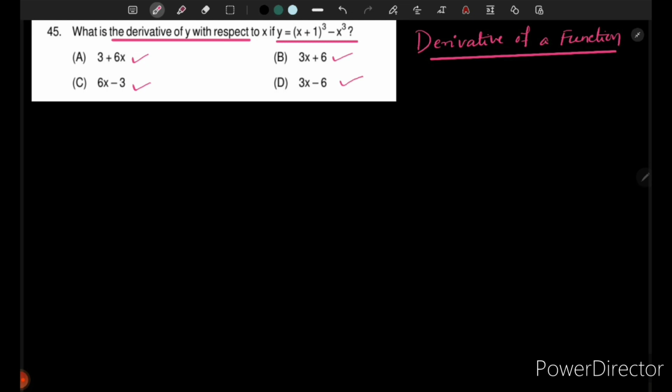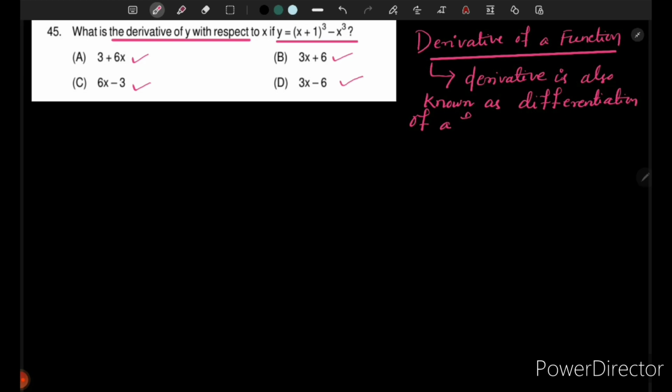So what is derivative? So derivative is also known as differentiation of a function. Then here question arises, what is a function?